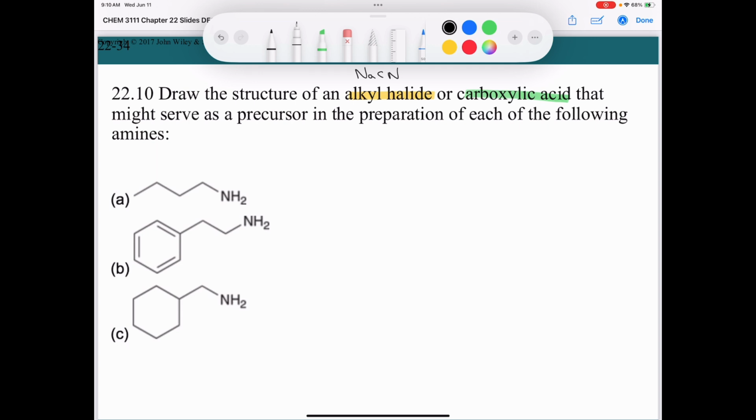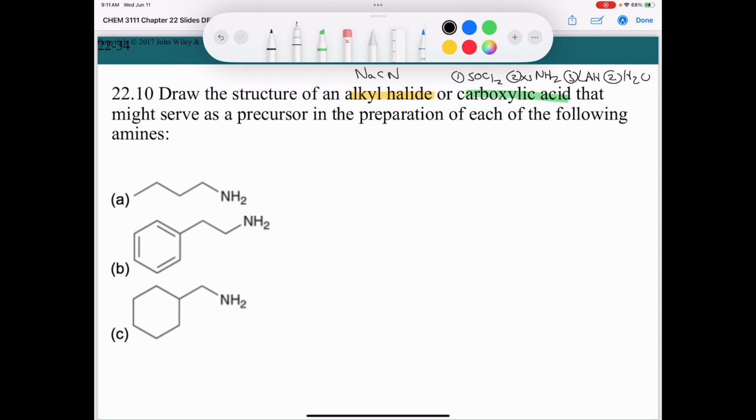If we're going to go the carboxylic acid route, in the first step we're going to use thionyl chloride, and then we're going to use excess ammonia to give the primary amide, and then we're going to reduce it with LAH, and then do our workup with H2O. Okay, so those are our two possibilities. Anyhow, let's start with the first one.